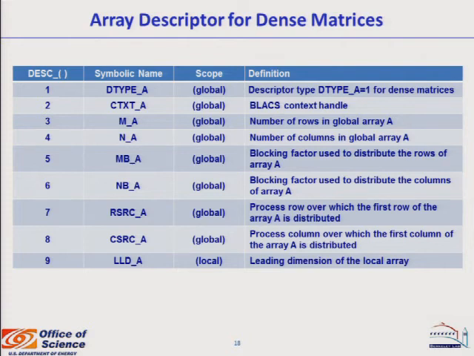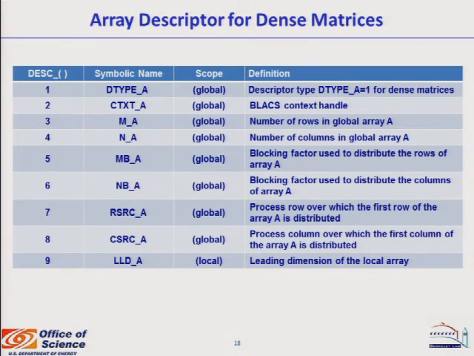It's an integer array with 9 entries. Each one of those entries contains information. For example, this is the context, which would be the MPI communicator, right? Then the number of rows in the global array, the number of columns in the big global array, and the other information for the local arrays. We'll see more about this in an example in the hands-on. So this is the array descriptor for dense matrices.